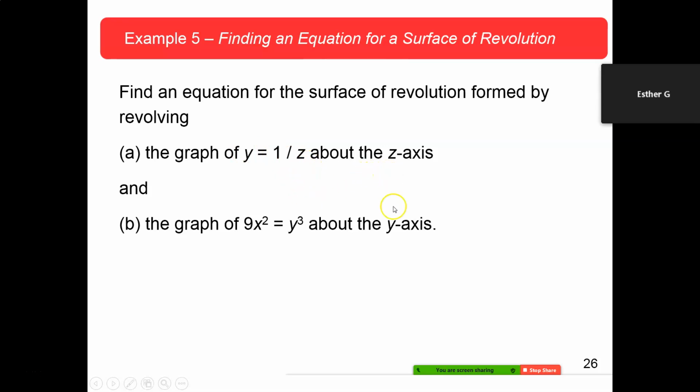So here, since it's the y-axis, you want the x expressed in terms of y.